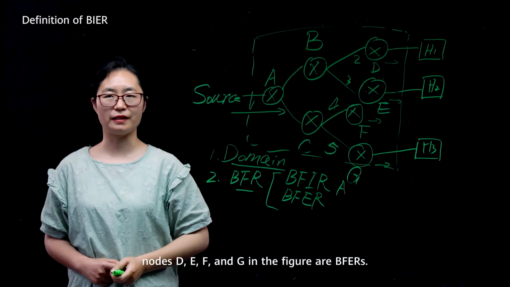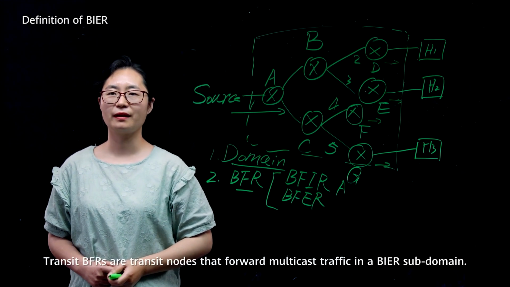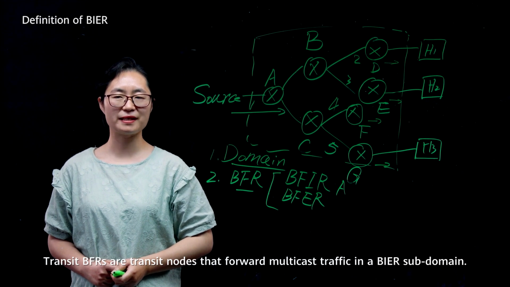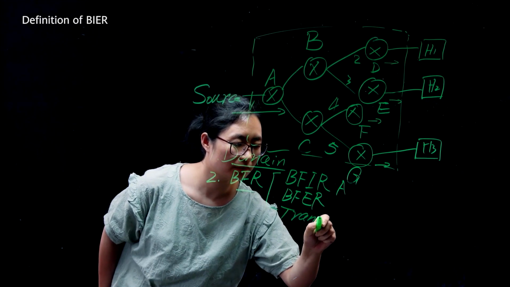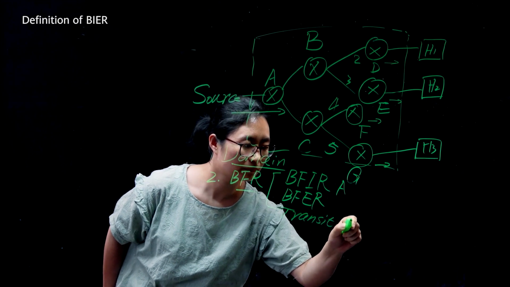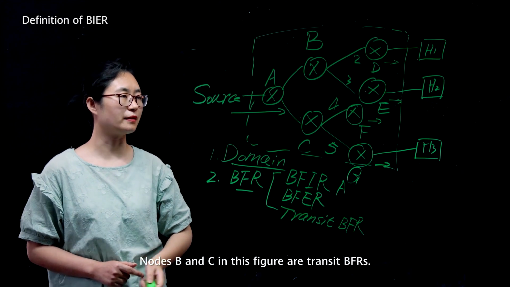Nodes D, E, F, and G in the figure are BFERs. Transit BFRs are transit nodes that forward multicast traffic in a BIER subdomain. Nodes B and C in this figure are transit BFRs.